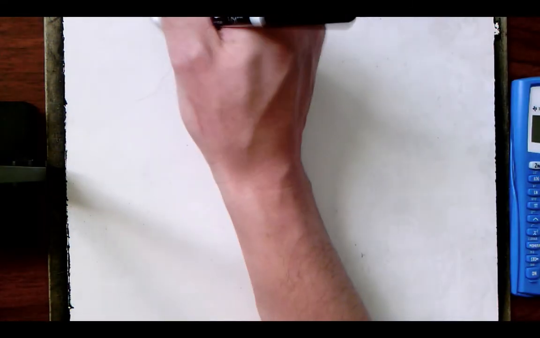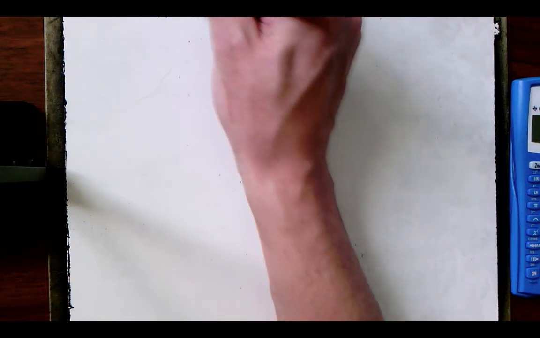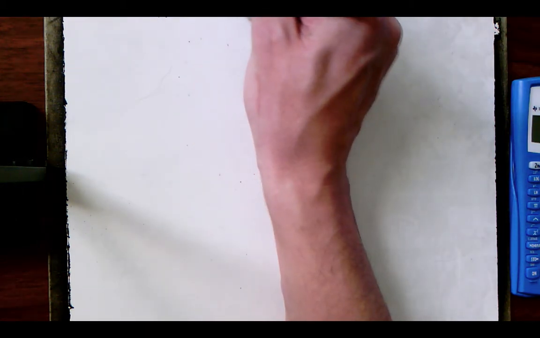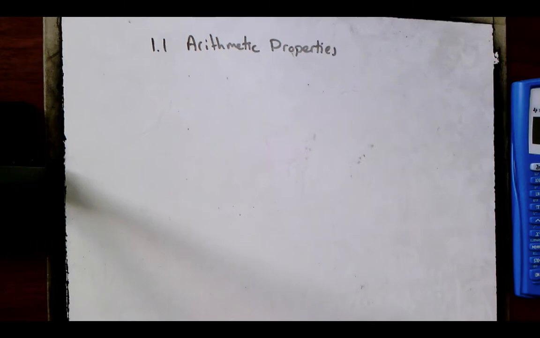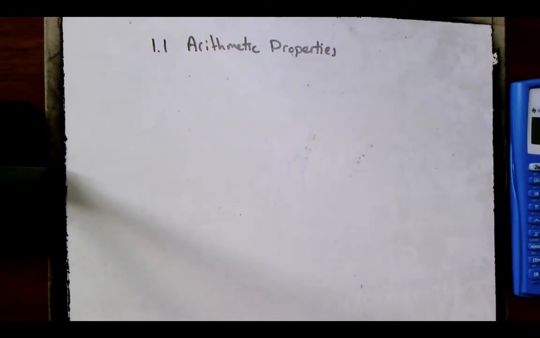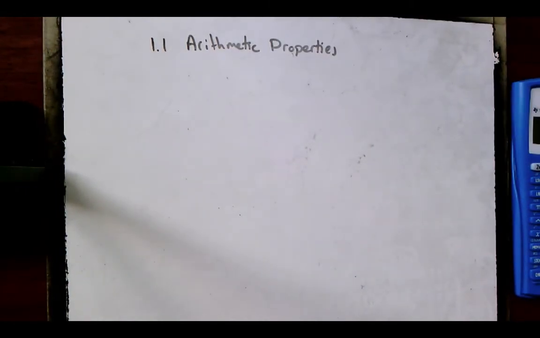Okay. So, welcome to Lecture 1, Arithmetic Properties. So for arithmetic properties, the main things that I want to talk about are the rules of addition and subtraction and the rules of multiplying and dividing.